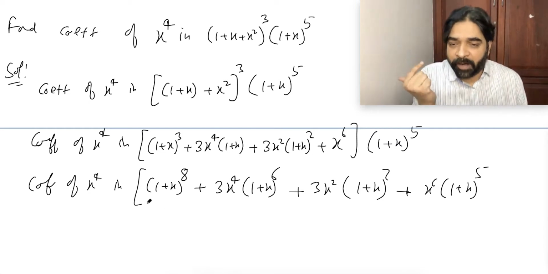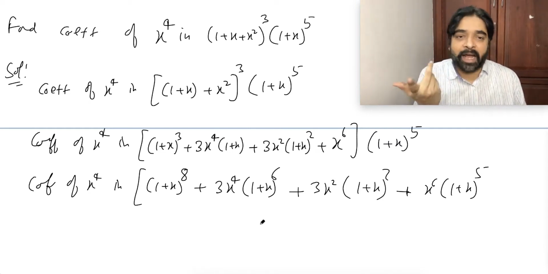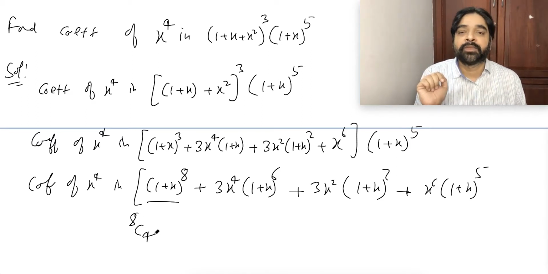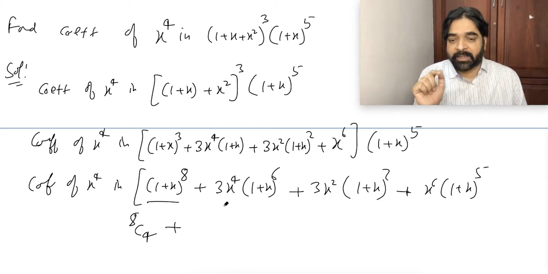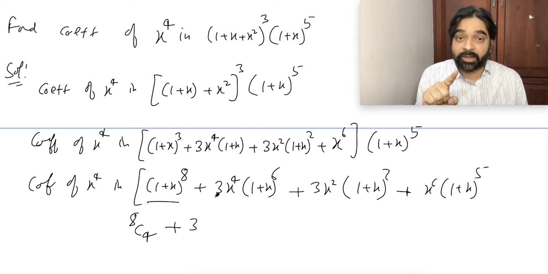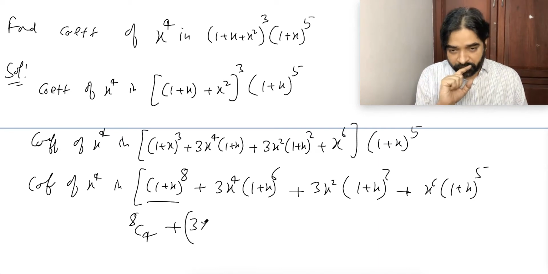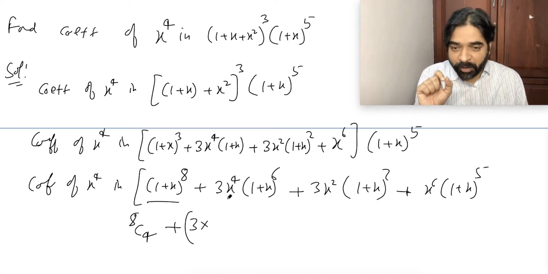Now, I have to find the coefficient here, here, here, here and add it. So here the coefficient of x power 4 is 8C4. Yes or no? The coefficient of x power r in (1 plus x) power n is nCr. Plus 3 into, see, a constant term is coming, just write first, into the coefficient of x power 4 in this, which means the coefficient of x power 0 in this, and that will be 6C0.